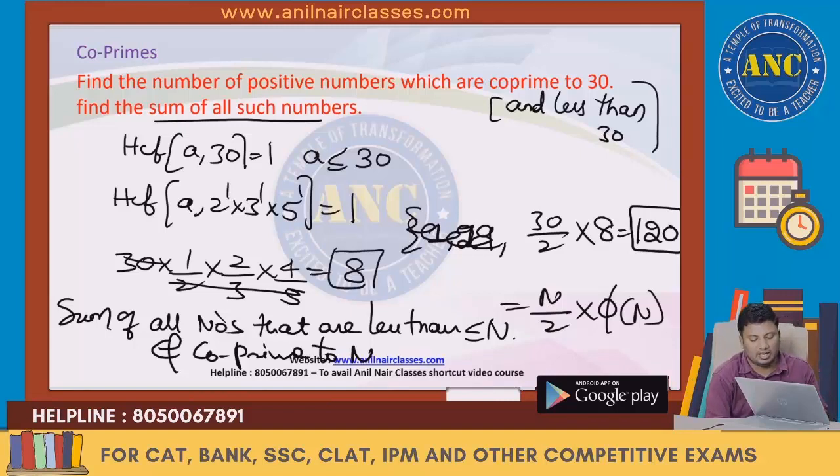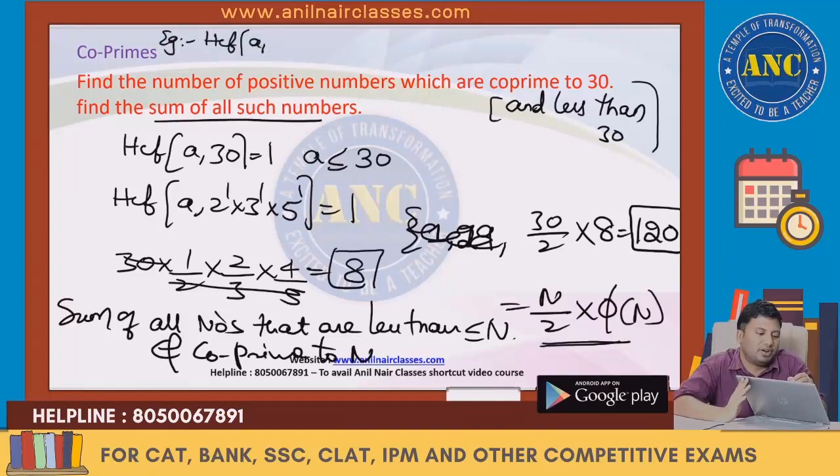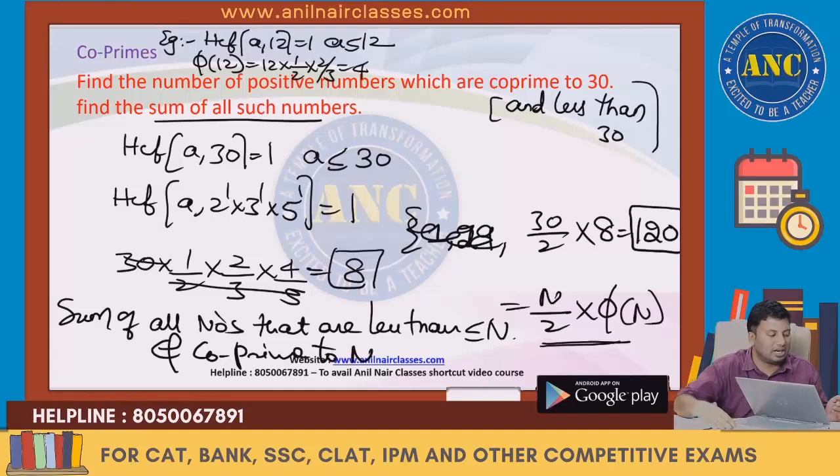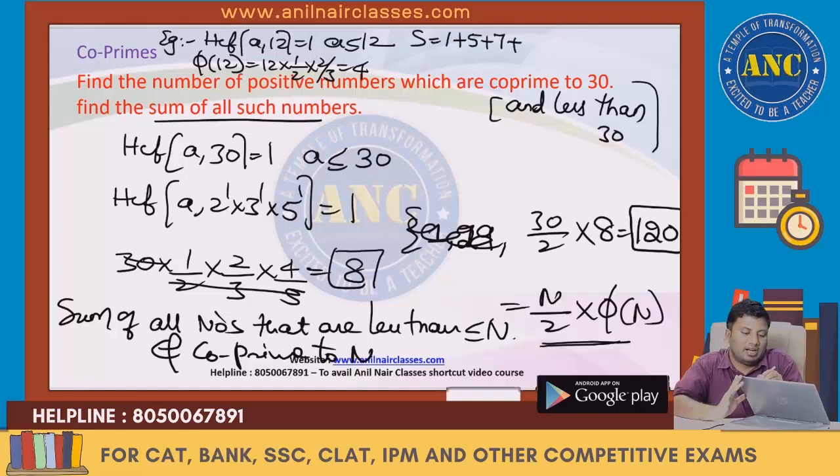I hope it is clear. Why is it n by 2 into phi of n? I don't know whether you remember this example which I said. HCF of a comma 12 equivalent to 1, a less than or equivalent to 12. Totient of 12 will be 12 into 1 by 2 into 2 by 3, which is 4. There are 4 numbers less than 12 and co-prime to 12: 1, 5, 7 and 11. If I do reverse, this will become 11 plus 7 plus 5 plus 1. 2S is 12 into 4.